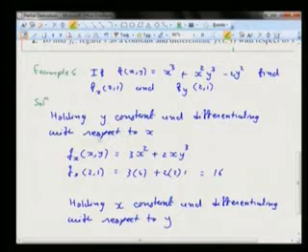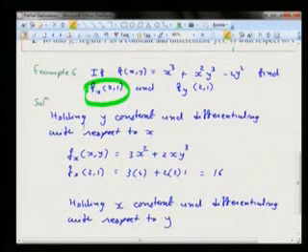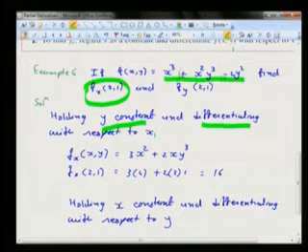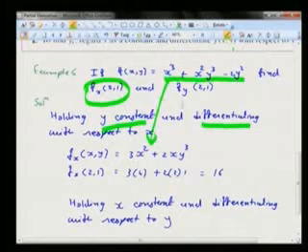Okay, so to find fx at point 2 1, we are holding y as a constant and differentiating with respect to x. So the derivative of x cube is 3x square.